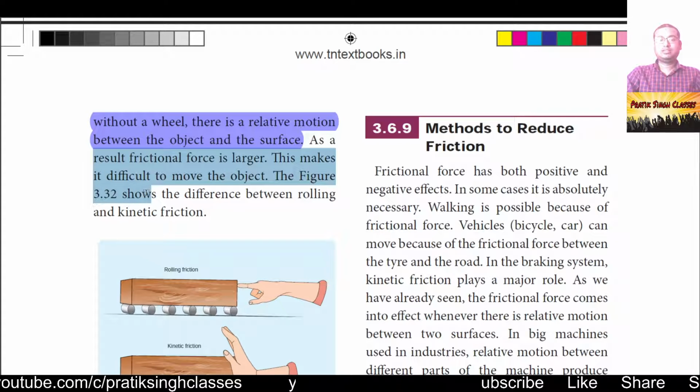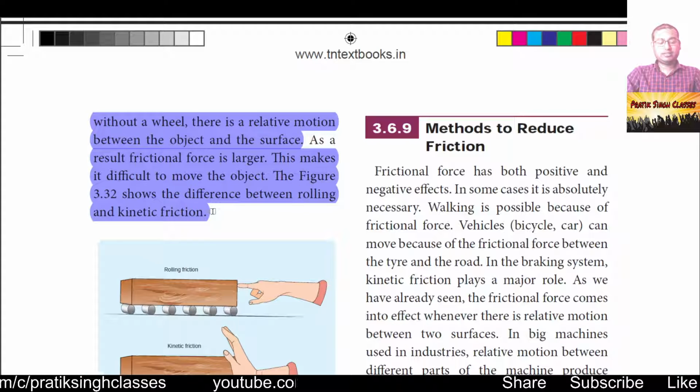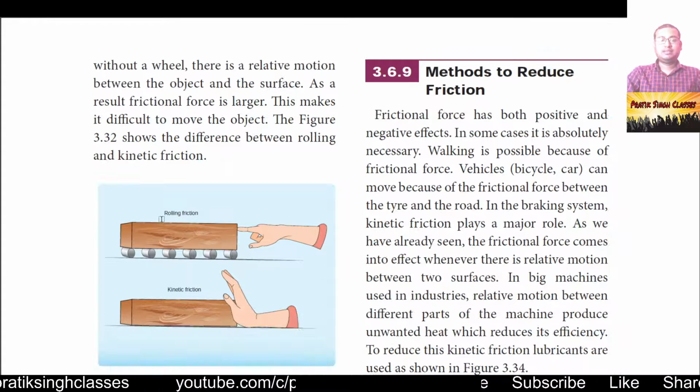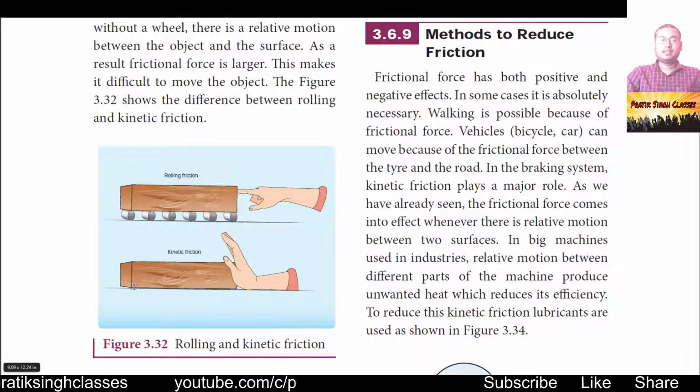Figure 3.32 shows the difference between rolling and kinetic friction. In the first figure, the friction acting at the point of contact of the roller and the surface is rolling friction, and in the second one, because the object is sliding, the friction working here is kinetic friction.